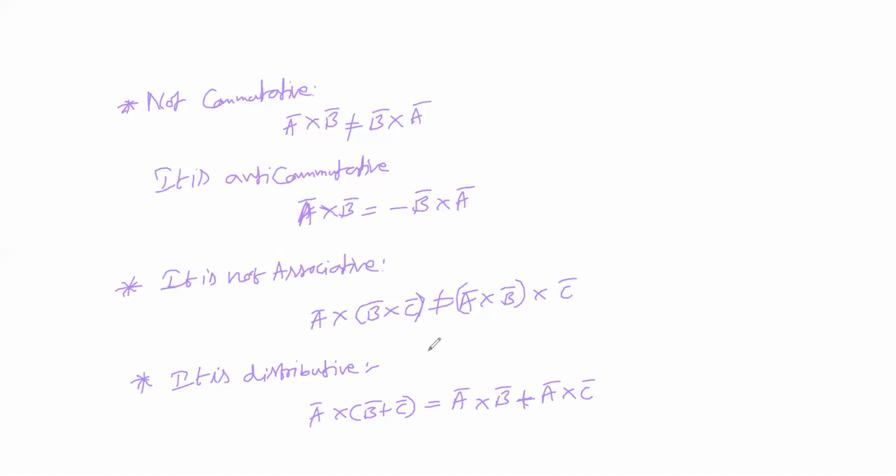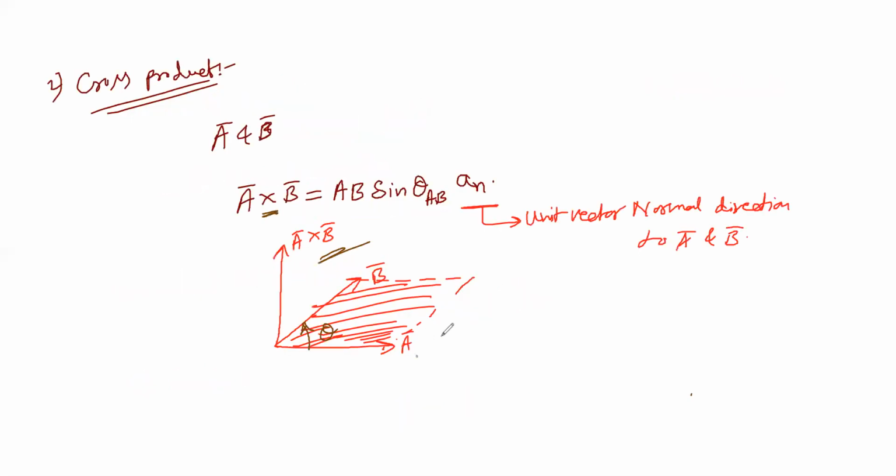Let's look into the unit vectors, in a similar way to how we saw the dot product. AX cross AY is equal to AZ. X is the unit vector along the x direction, Y is the unit vector along the y direction, and the resultant is Z. In this diagram, one vector is in this direction, the other vector is in this direction, then the resultant A bar cross B bar is perpendicular to this plane.